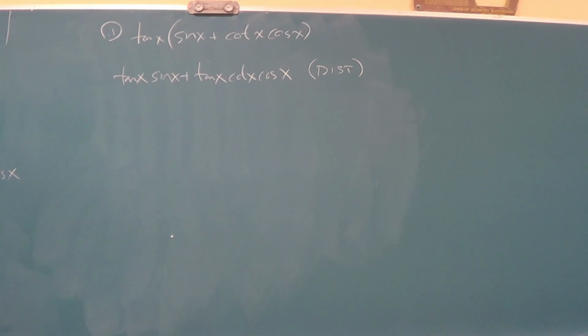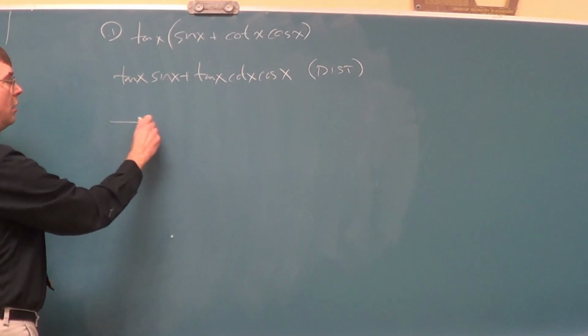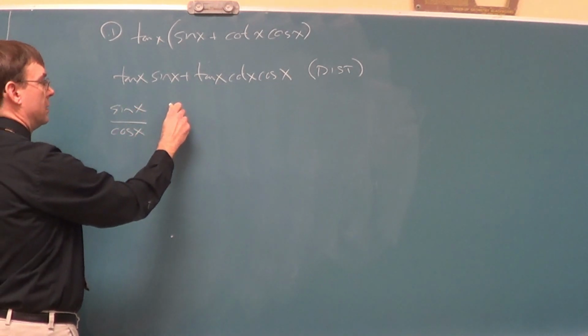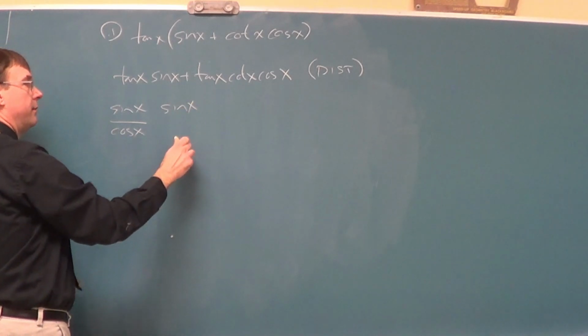Okay. I don't see any familiar algebra structures anymore. So then what's my other bit of first advice that I gave you a couple times already in the period? Make everything sine and cosine. So tan is sine over cosine. Sine is just sine.